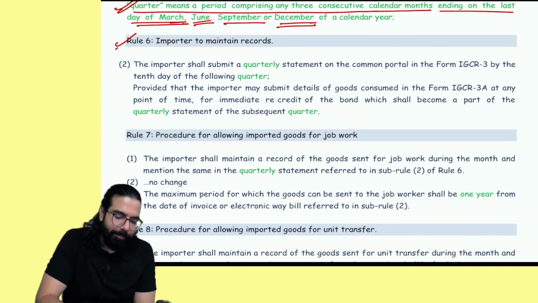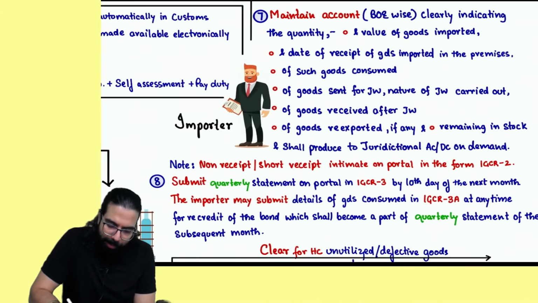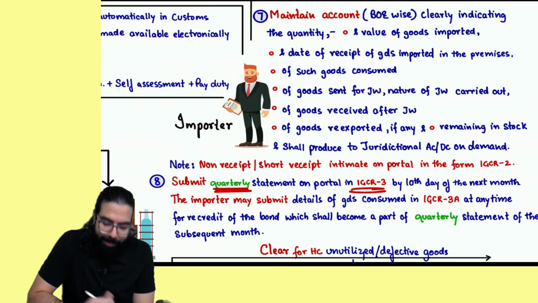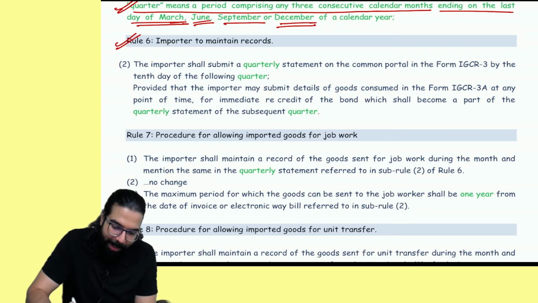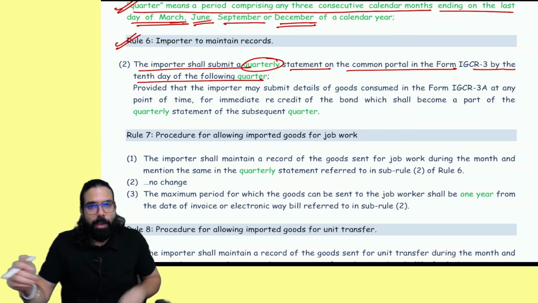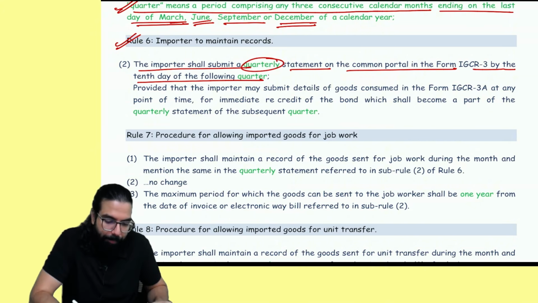Done, sir. Now see, rule number 6. This importer, once he has gone ahead, he should furnish a monthly statement, which is IGCR 3. Now it has become a quarterly statement. Done, sir. So everywhere where monthly was there, the importer shall submit a quarterly statement, which is IGCR 3, by the 10th of every quarter. Once the quarter gets over, he has to furnish IGCR 3.